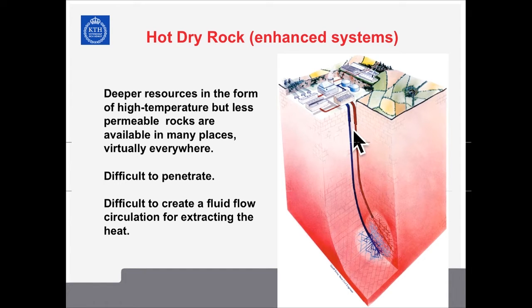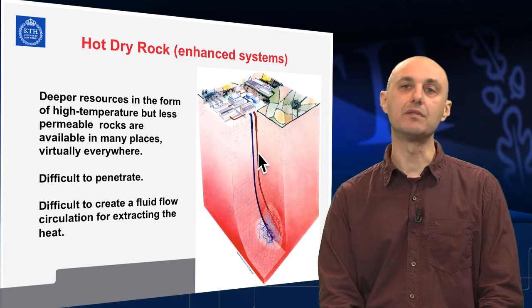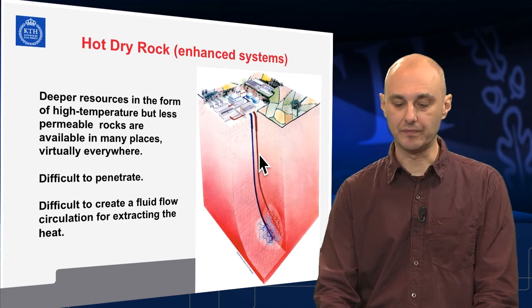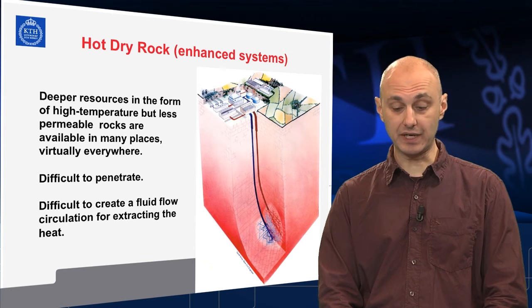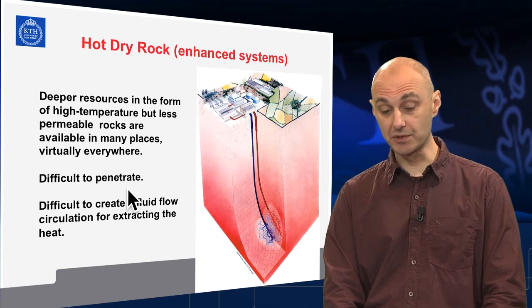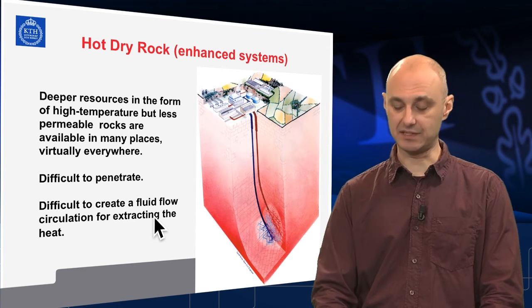Somehow the drilling needs to reach down to the warm area, send some fluid, that would be water, and then extract it, but create or engineer the reservoir by probably cracking the rock so that the flow can start from the injection well towards the production well. Then extract the fluid and run a pretty standard geothermal extraction system. Hot rocks are usually crystalline, solidified rocks, difficult to penetrate, difficult to drill through, and very difficult to create the proper fluid flow with the proper high mass flows.